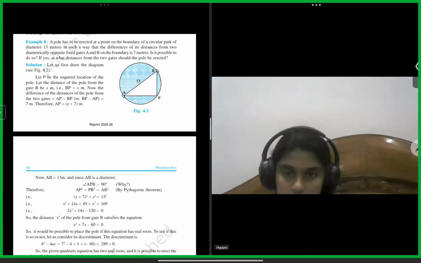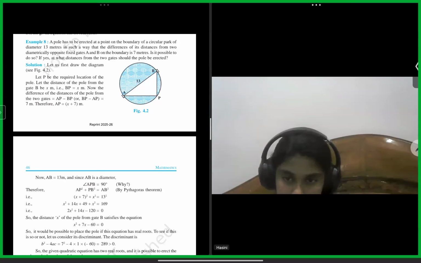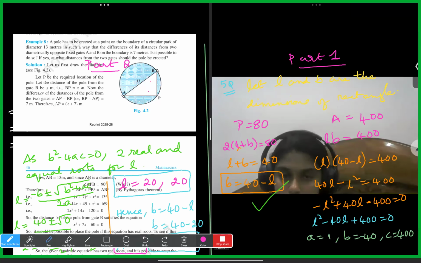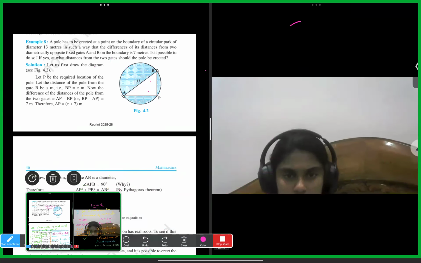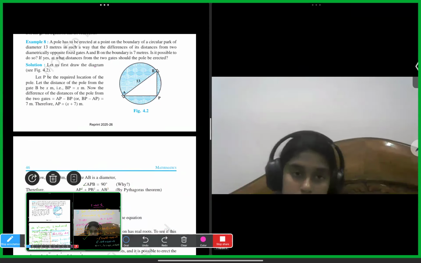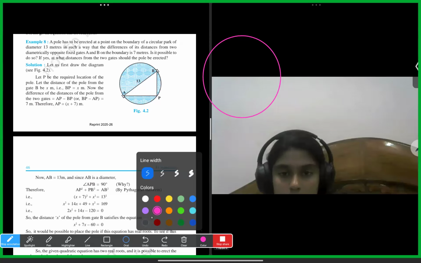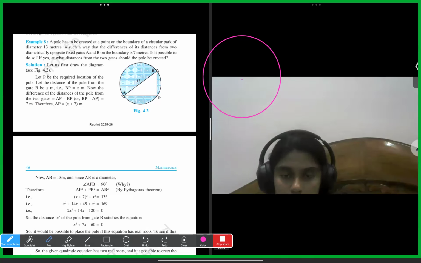Means if you select any point on the circle, suppose this is a circle and this is a center, so the diameter will pass through like this.